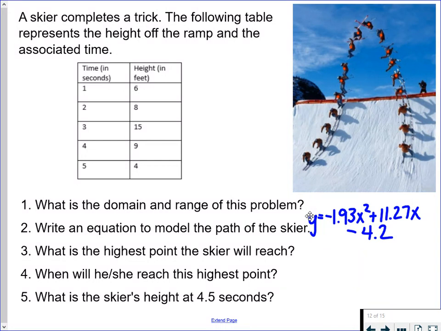You notice your R squared value on this one is not terribly close to 1. It's still a good fit. It's still a strong fit there. It's not the best fit, but it fits the majority of the data for us.